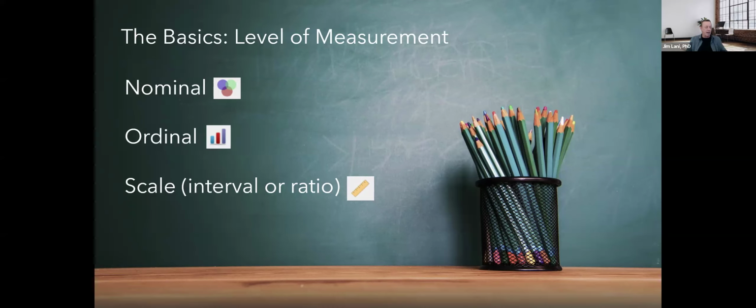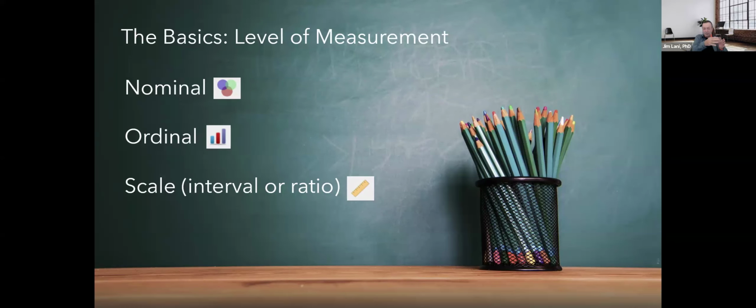Days are like that, and often lots of measures are scale level variables. I'll take a quick sidebar. Occasionally I get a question of whether Likert type scales are scale.